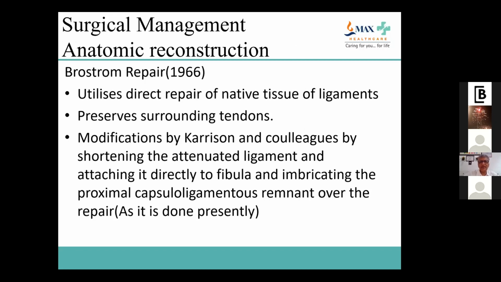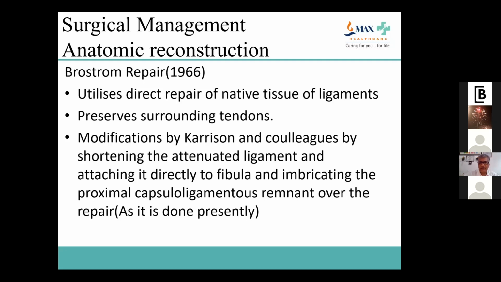The in thing is anatomic reconstruction, though it was first reported by Brostrom and hence named after him. What he did was utilize the direct repair of the native tissue of the ligament using a double-breasting tweak or imbrication. This does not use any surrounding tendon and so preserves the dynamic action of the peroneal tendons.